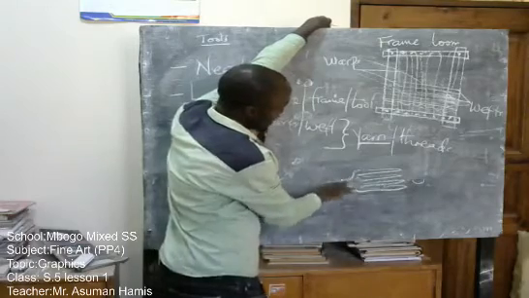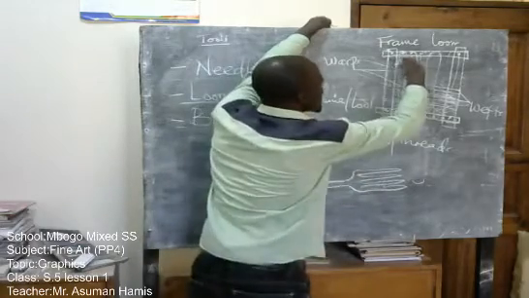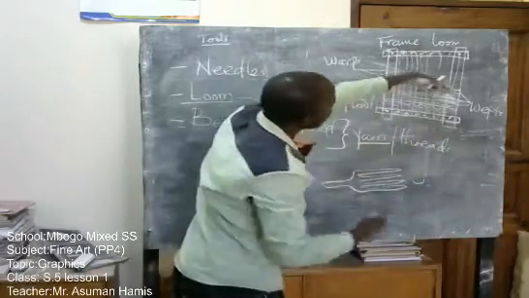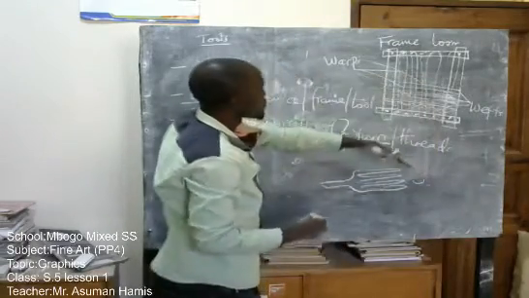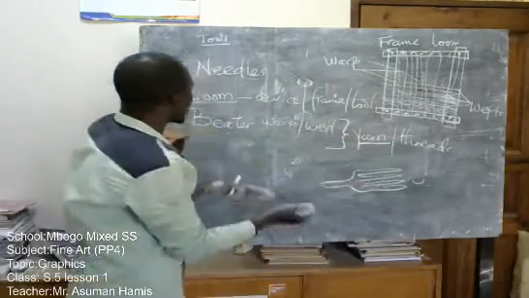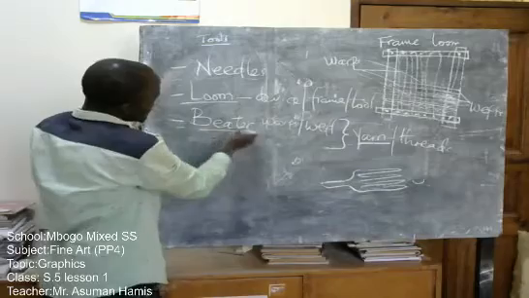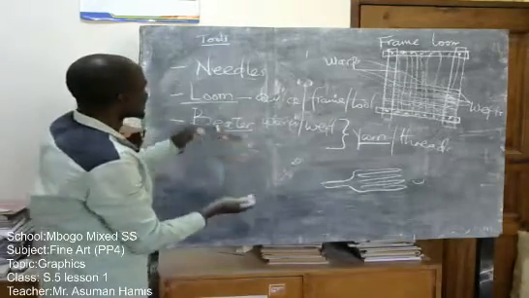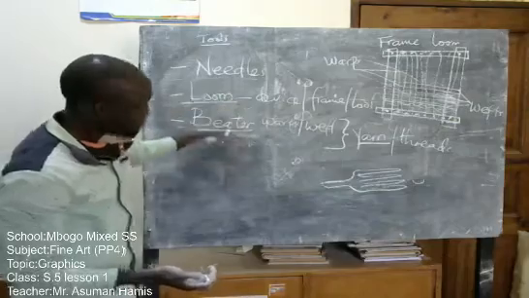These combs can be fixed in there and you compress it. You fit the threads such that those spaces are no more. That business of compacting the threads together, we use this tool that we call a beater. So we have the needle, we have the loom, we have the beater.